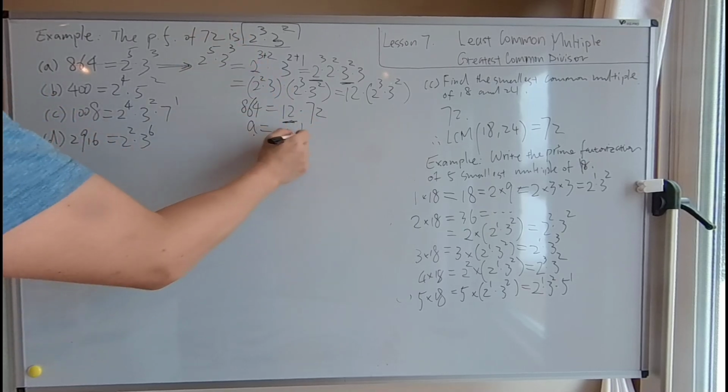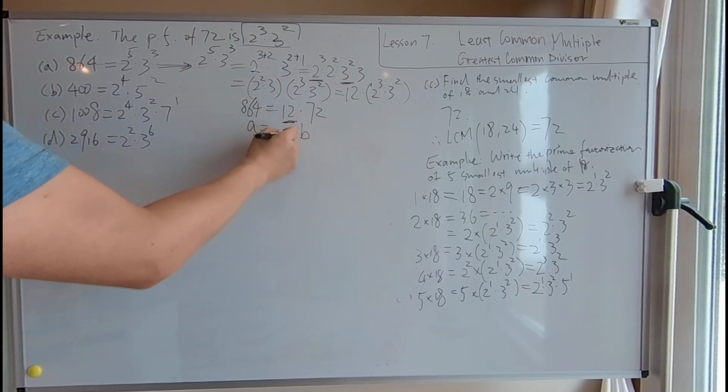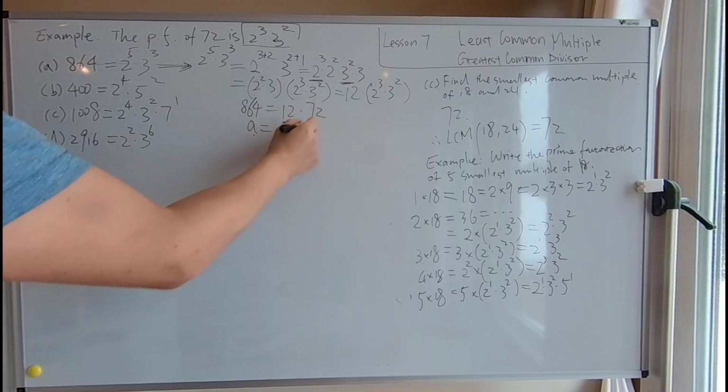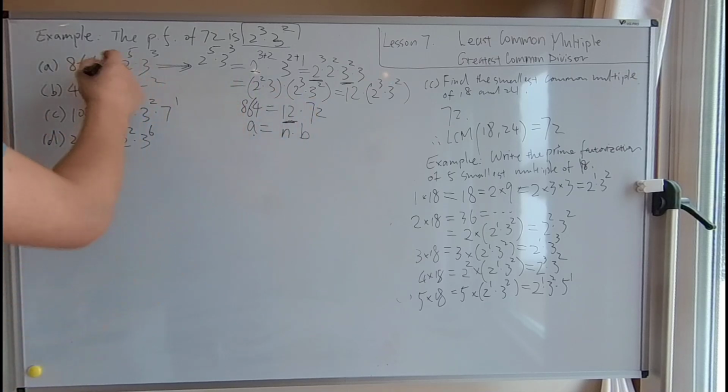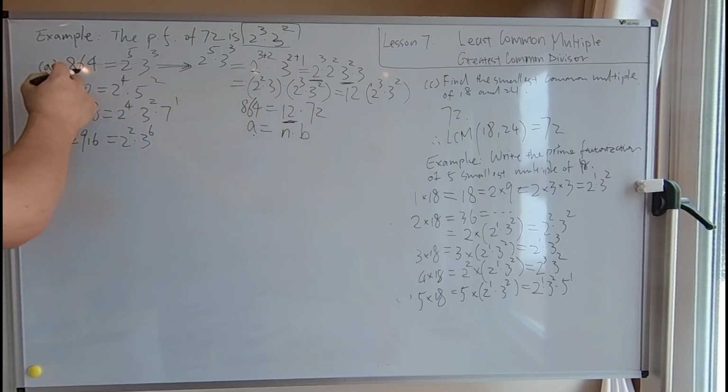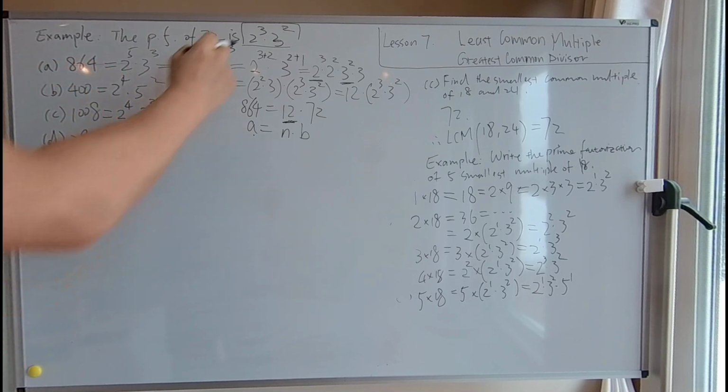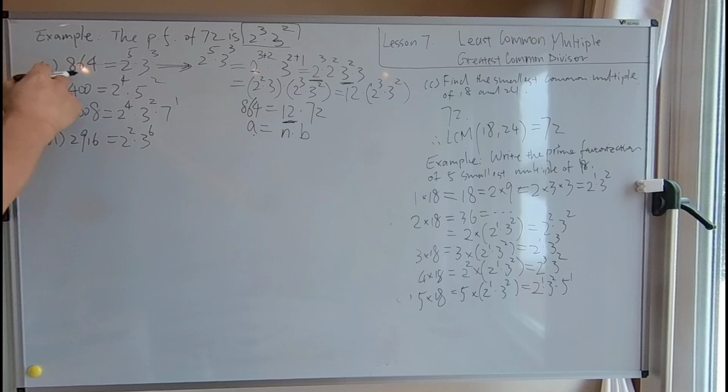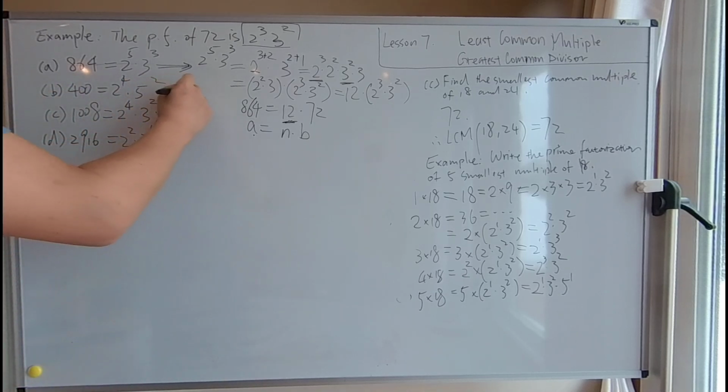So a is a multiple of b as long as n is an integer and as long as this is b. This is how I prove, by having the prime factorization, that this number is a multiple of 72. Okay, so let's check the second one.